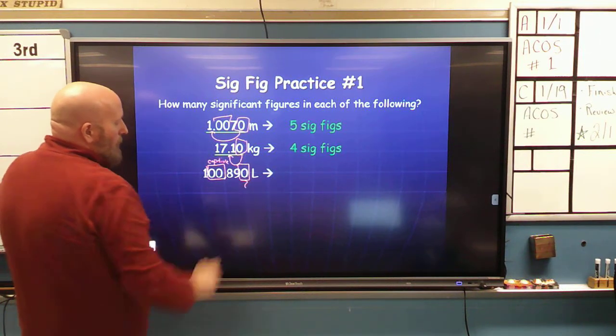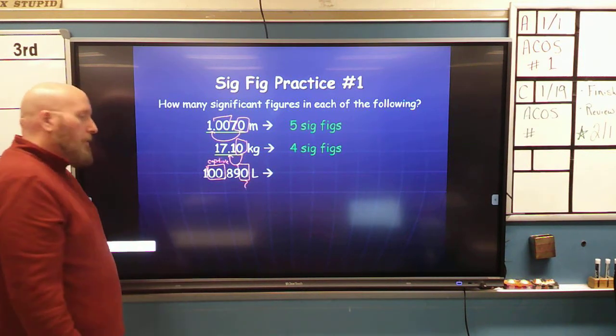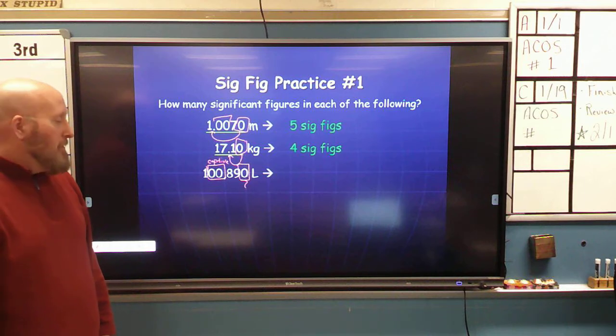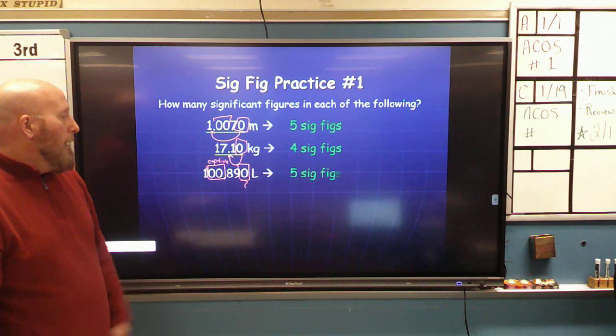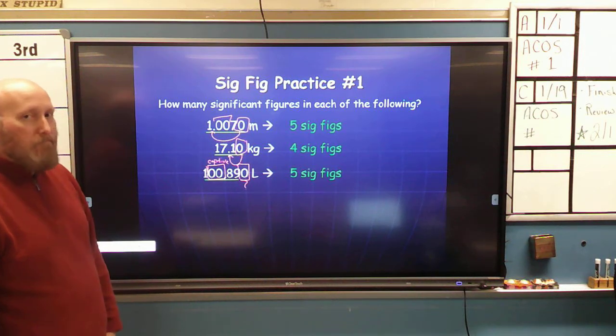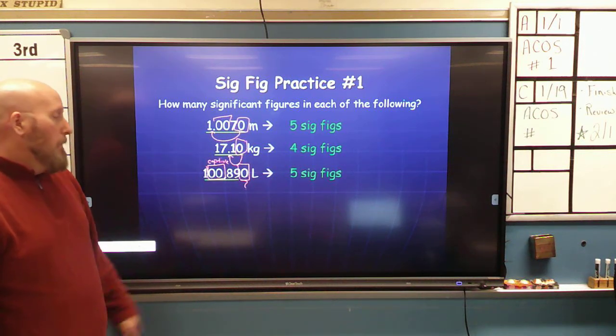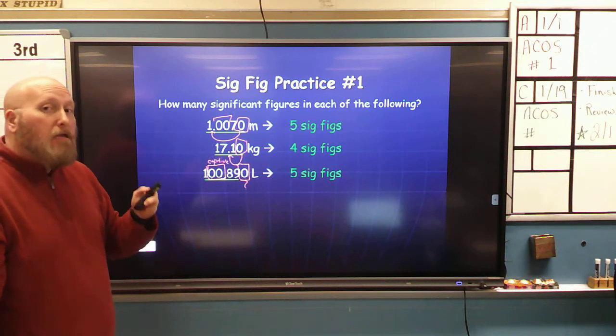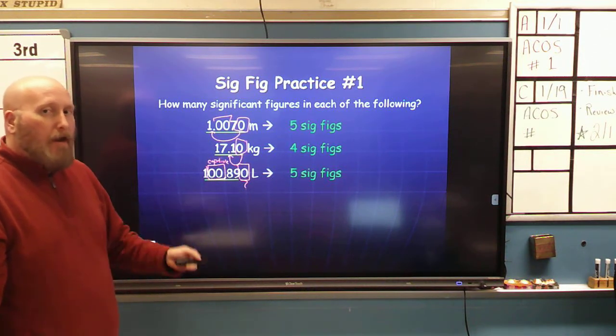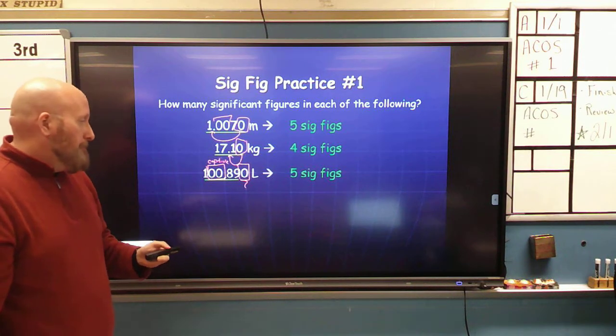Do you see a decimal point though? I don't see a decimal point, so it doesn't count. So that means I got just those 5, okay? That zero doesn't count because there is no decimal. If there was a decimal there, it would be significant, but there's no decimal there, so we don't count it.